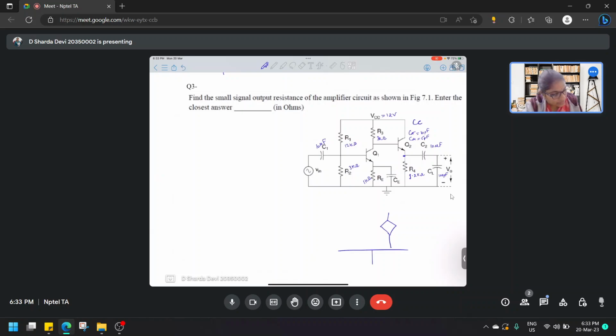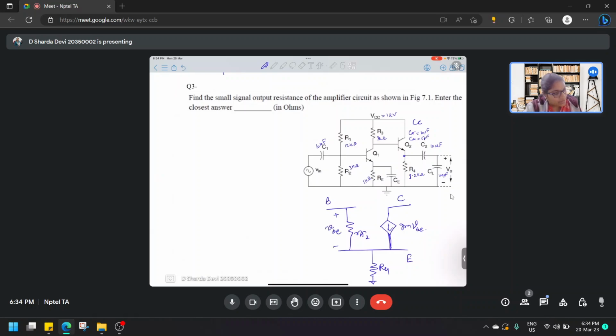Here we will have R4, this is the emitter, this is R pi 2, this is the base terminal, this is the collector terminal. It's GM VB, with plus minus, this is the VB voltage, right?